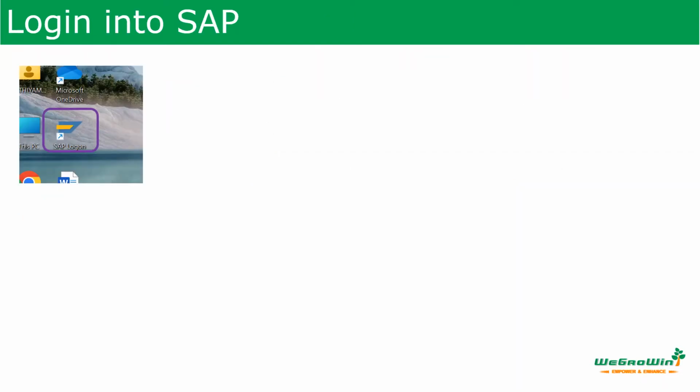The SAP icon will appear like this for on-premise and also for private cloud. For public cloud, they now provide all these things only through Fiori. But for private cloud and on-premise, these are the options where you can see the SAP icon.